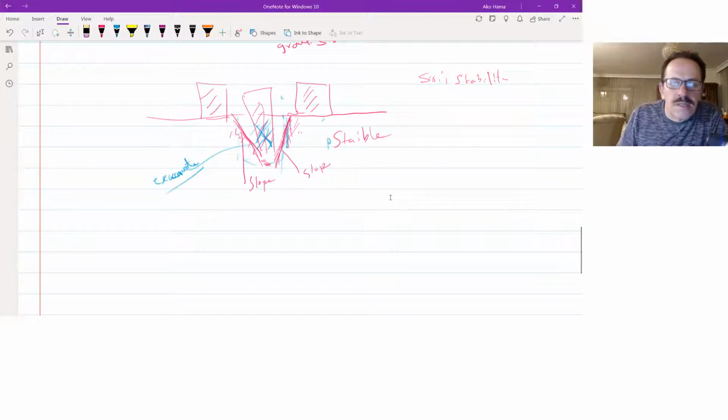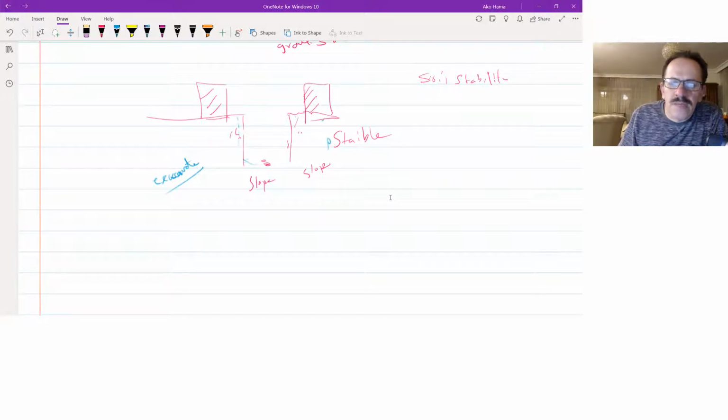Or in the other way, you can do your excavation here and your building here.